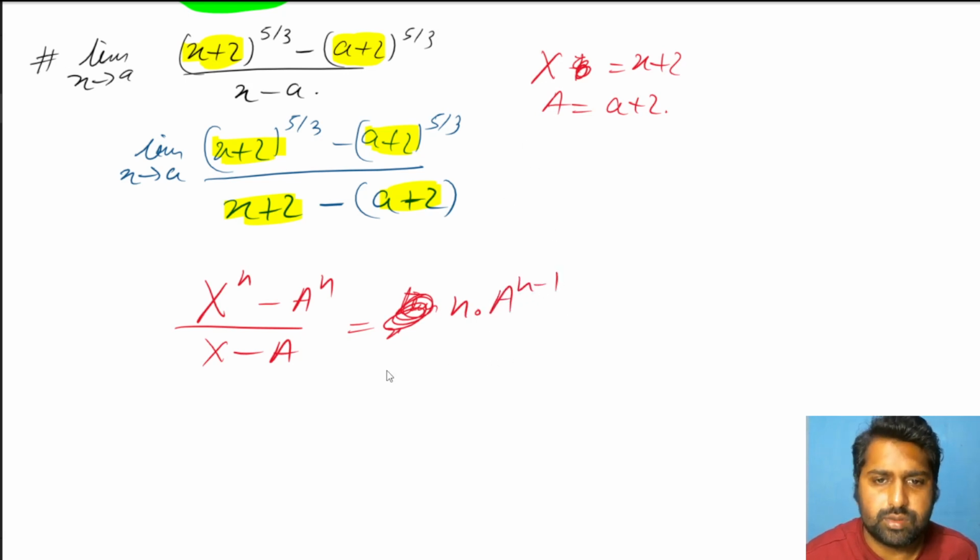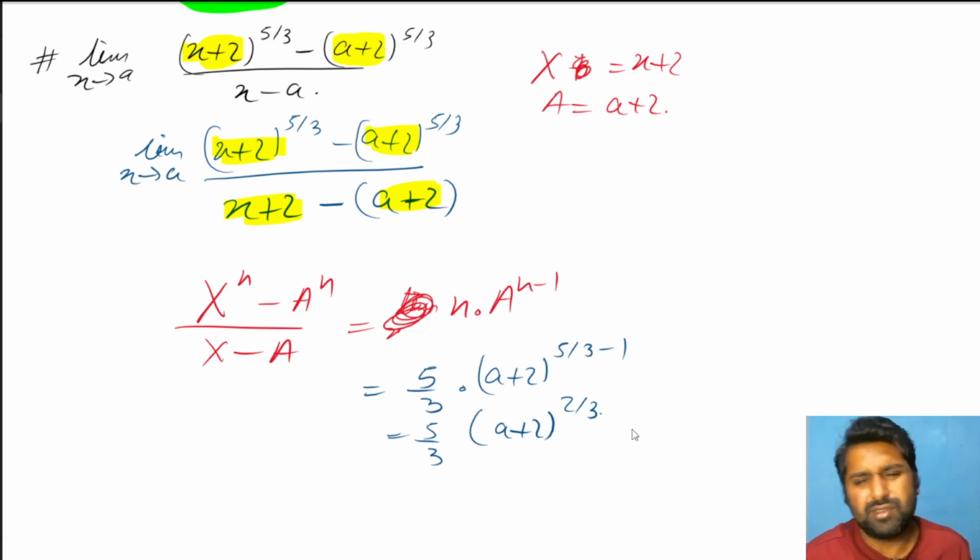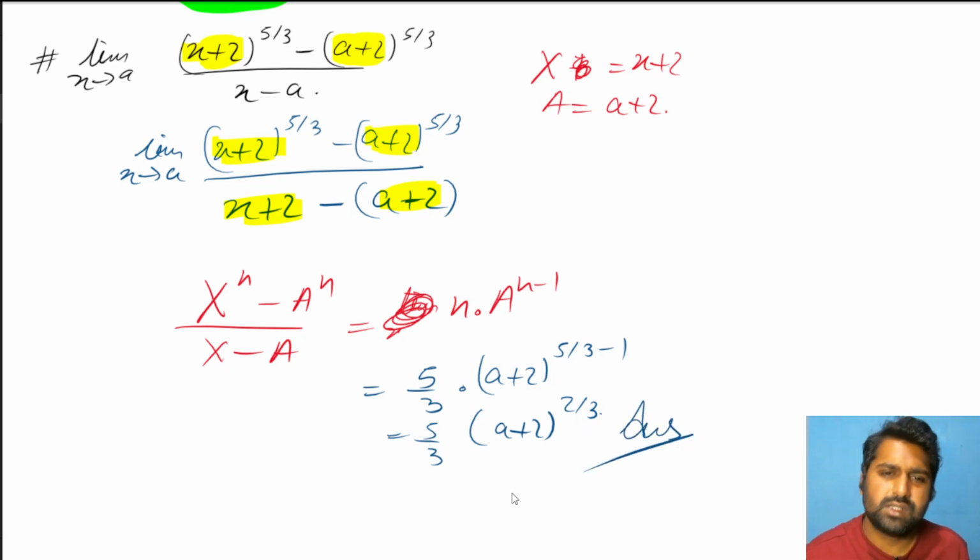That means n is 5 by 3, capital A is a plus 2 raised to power 5 by 3 minus 1. So 5 by 3 into a plus 2 raised to power 2 by 3. Yes, weird answer, but yeah, this is it.